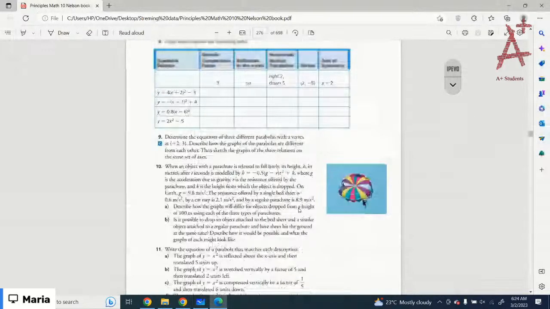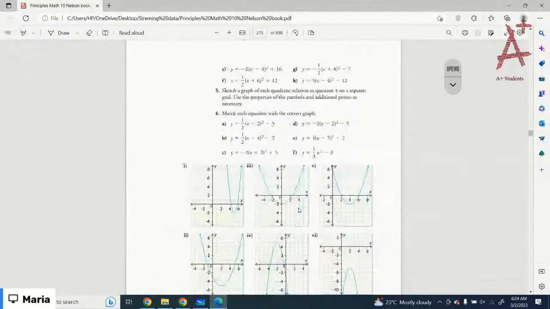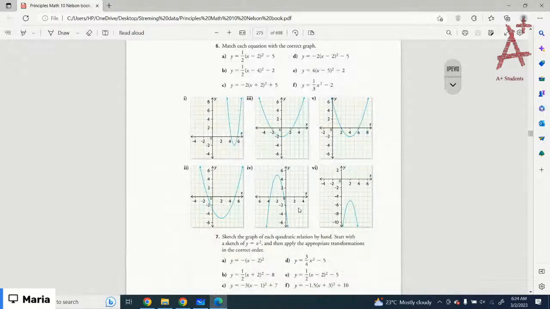Let's start with question number 6. Match each equation with the correct graph. We have to look for the correct graph. Which graph is the correct one? Let's see. Okay, the first equation is y equals 1 over 2 times (x minus 2) whole square minus 5.